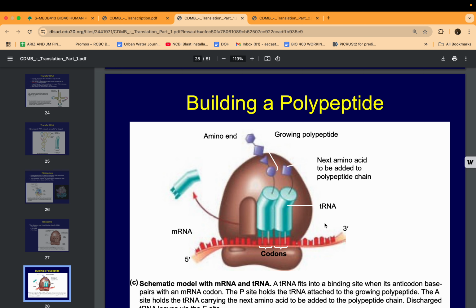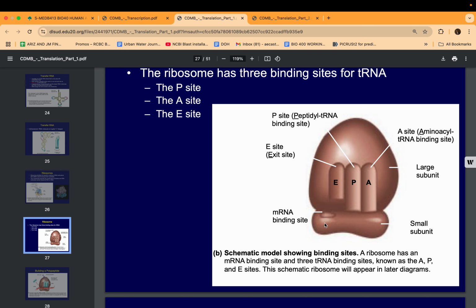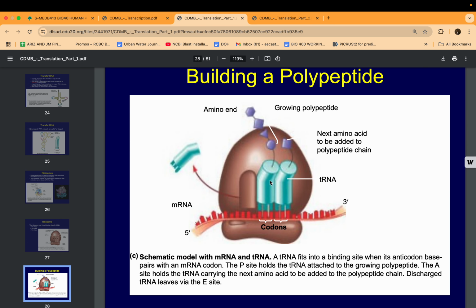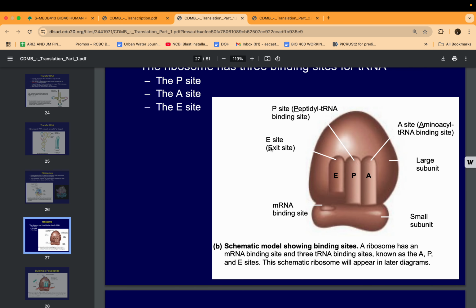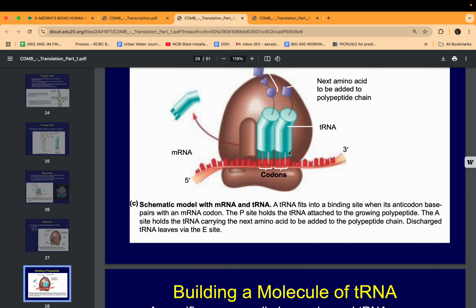Our peptidyl tRNA binding site contains the nascent, growing polypeptide. Our aminoacyl tRNA binding site contains the new, entering tRNA, whose amino acid residue is not yet bound to the growing polypeptide.